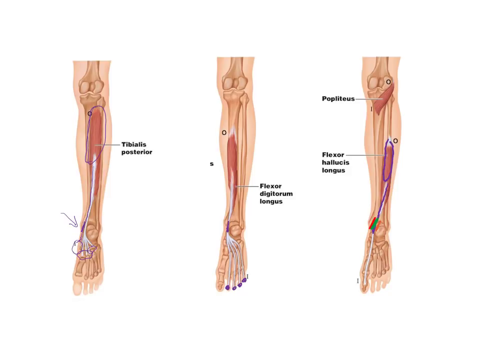And as its name implies, since it has the word hallucis in it, it's going to go to the great toe. We see that here, and it's going to help to flex the toe.